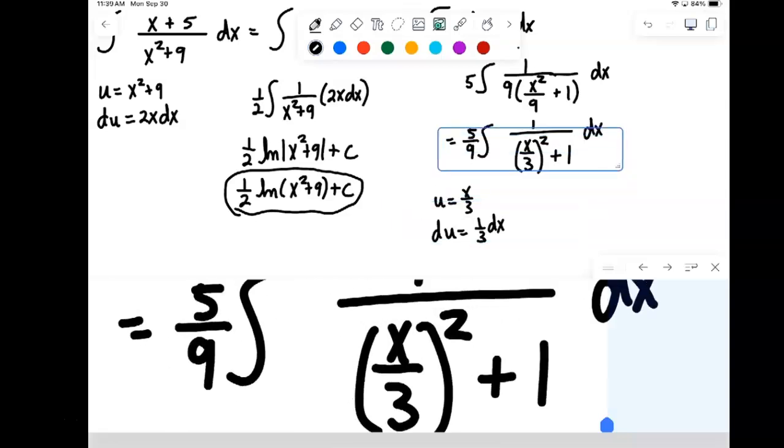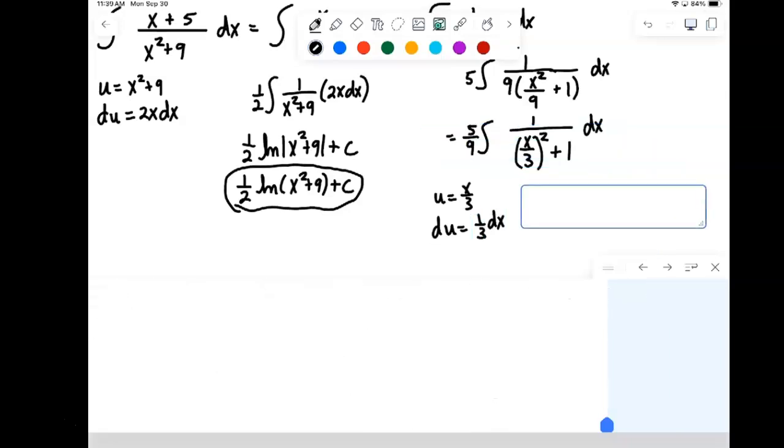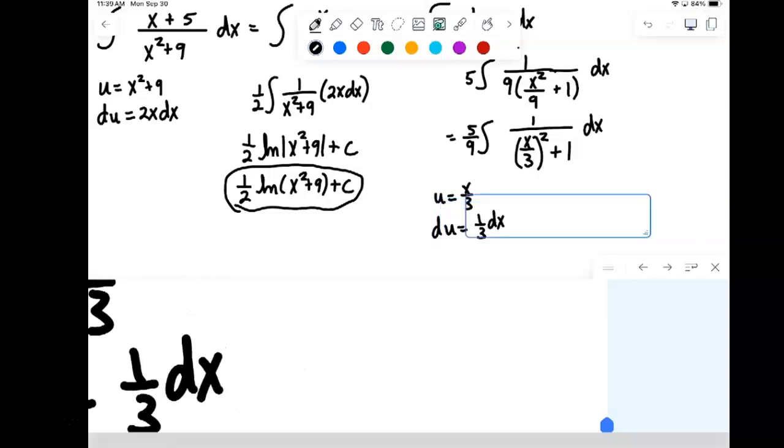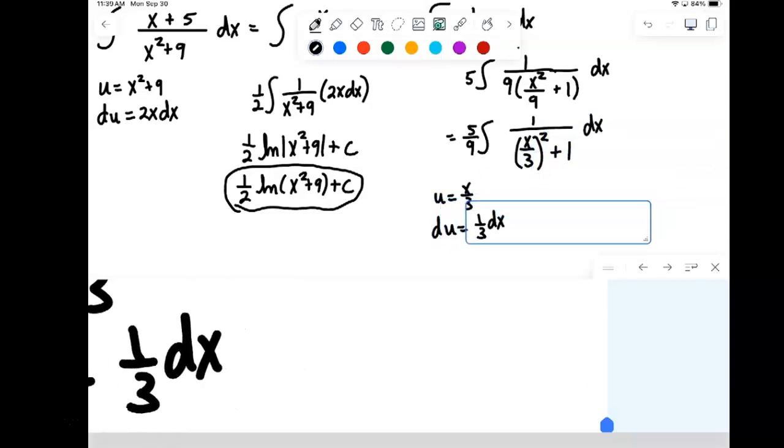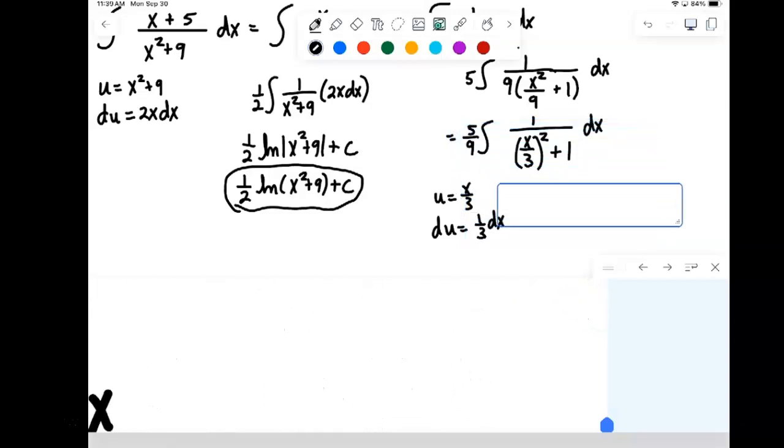And so we can make all those things happen. So since I need a 1/3 to go with the dx, I'll multiply by 1/3 on the inside and divide by 1/3, or in other words, multiply by 3 on the outside.